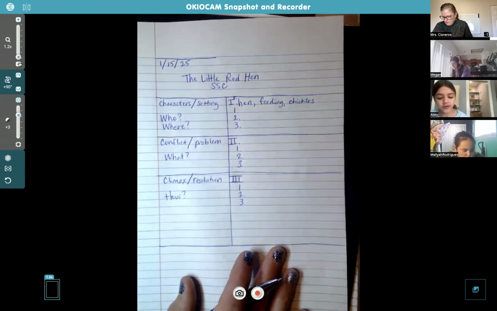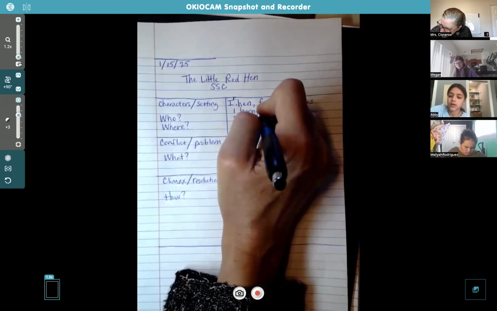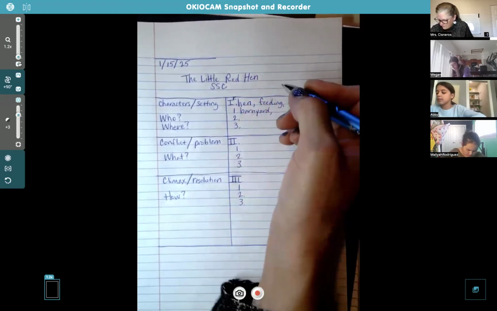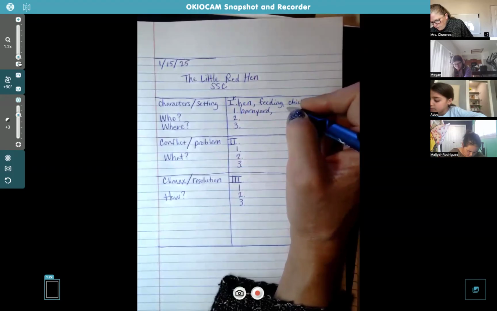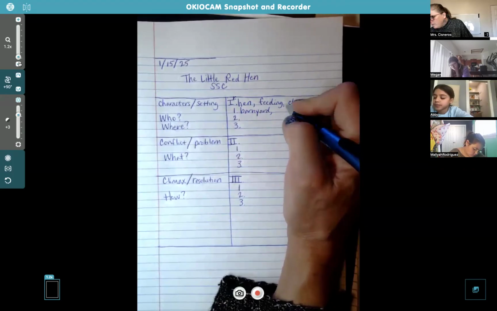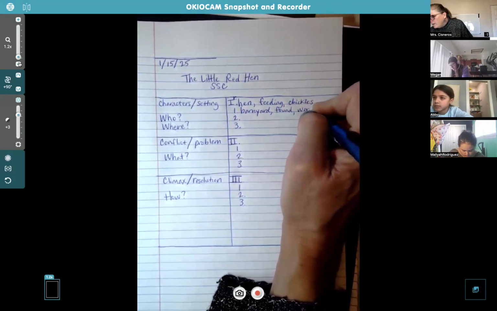Digging up worms and scratching everywhere. She was digging up worms. So let's put barnyard, and she found a worm. Let's put found and then worm.